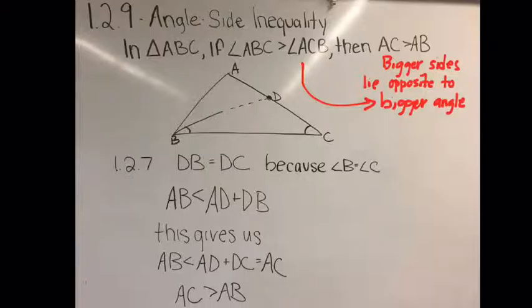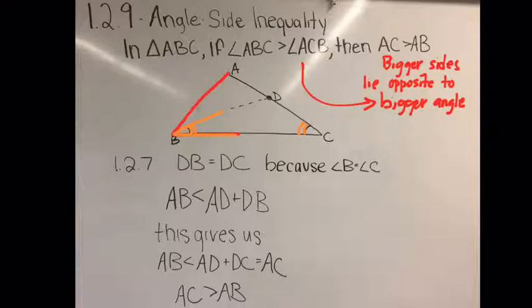And the clever method of proof for this is you take the bigger of the two angles, whichever it is, in this case it was ABC, and then you place a copy of the smaller of the two angles inside of it by constructing a ray starting from B. So we have now this pair of congruent angles. We had enough room to do so because we started with the bigger angle, and we cut it up into a smaller piece.